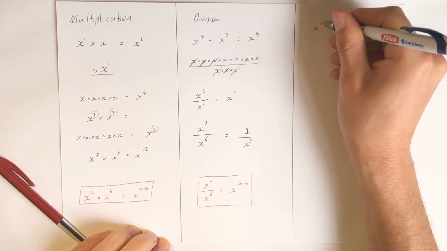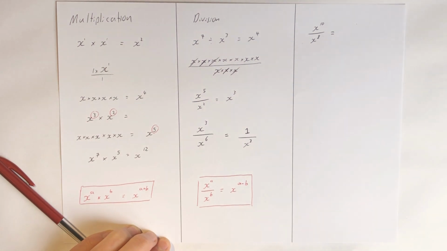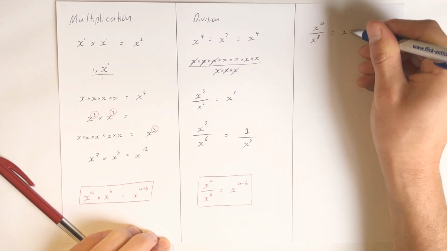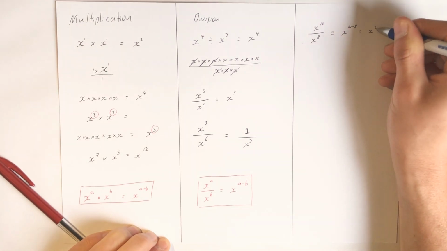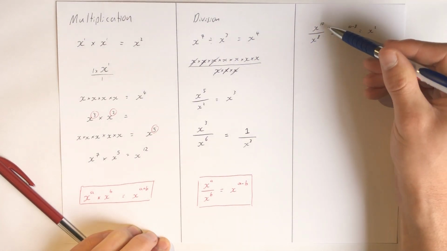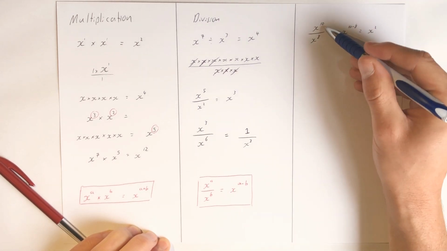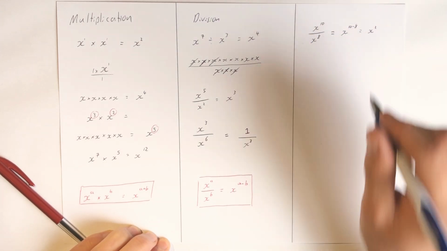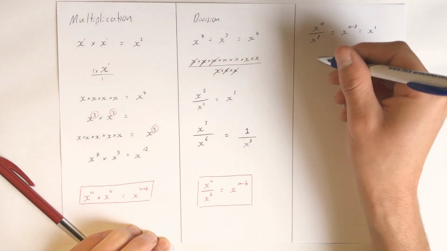Let's go x to the 10 over x to the 8. Well, we can subtract powers and call that x squared. Or you can think about how many are going to cancel top and bottom, and we'd have x to the 2 left on top.